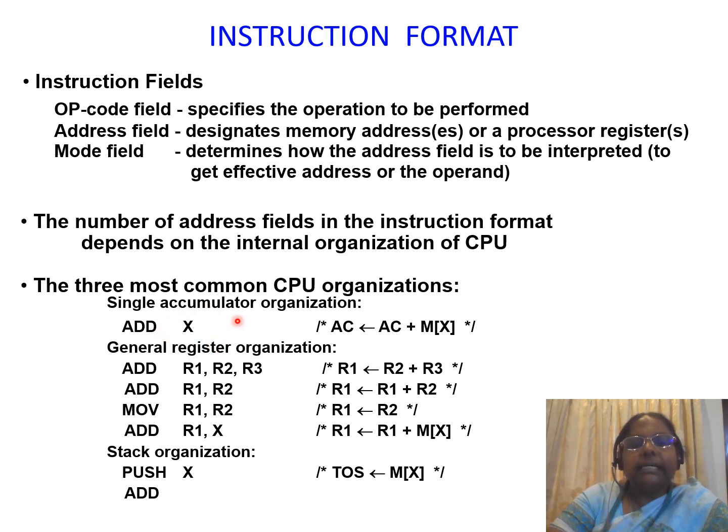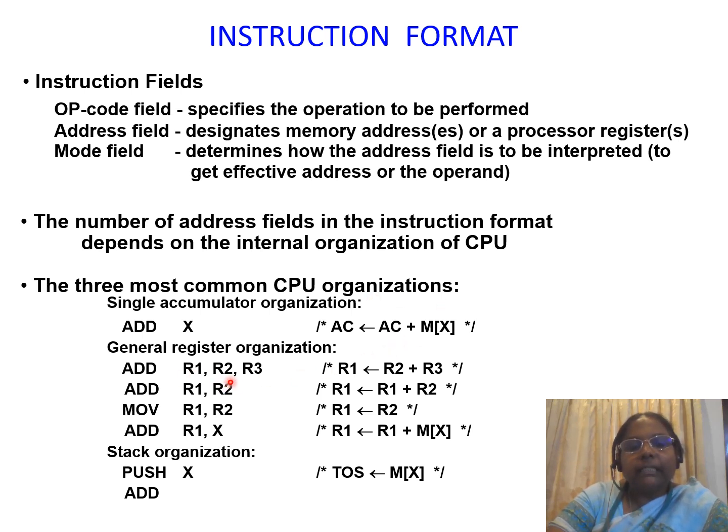In this case, there is an implicit register called the accumulator where the other operand is available. The processor takes one operand from the accumulator and the other operand is given in the value X, adds them, and the result is available in the accumulator. For all such instructions, the implicit register is the accumulator.